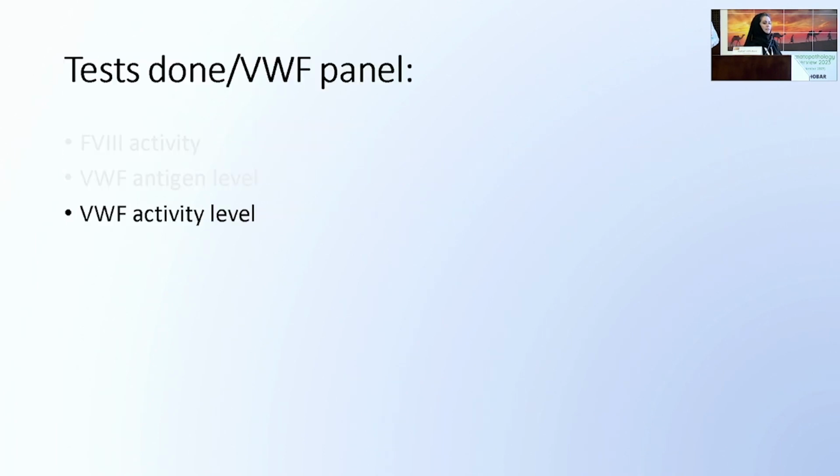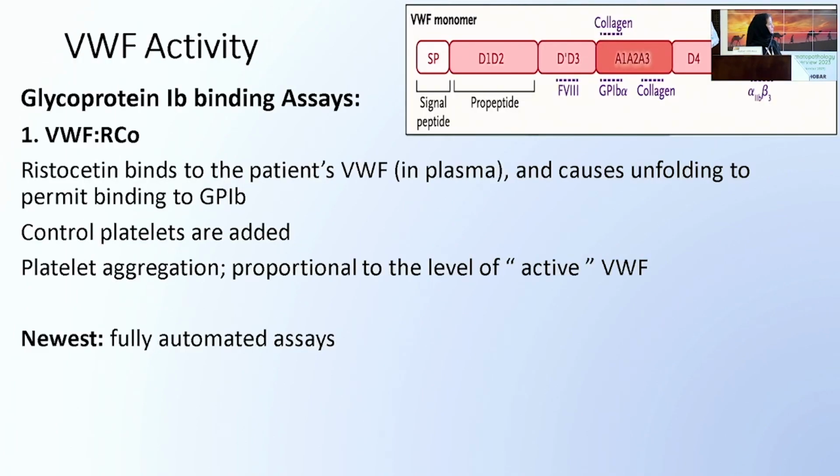Finally, we want to test different aspects of VWF activity. So first, we measure the glycoprotein binding, which occurs by binding at the A1 domain. So we have different assays for that, starting with VWF ristocetin cofactor. So what is ristocetin?